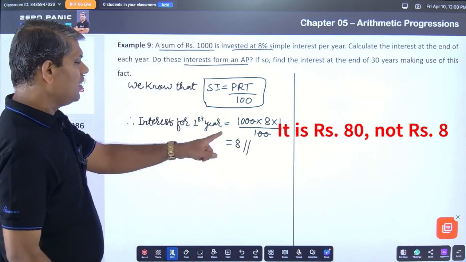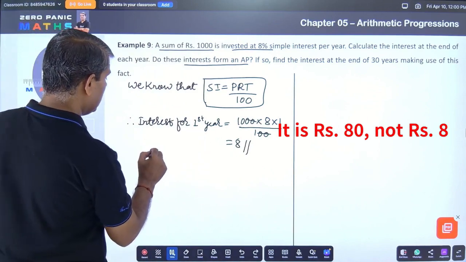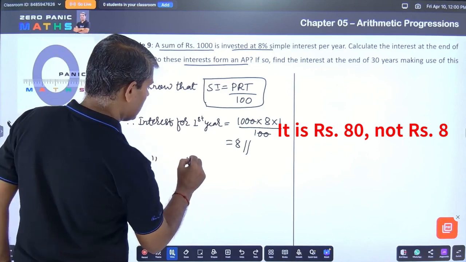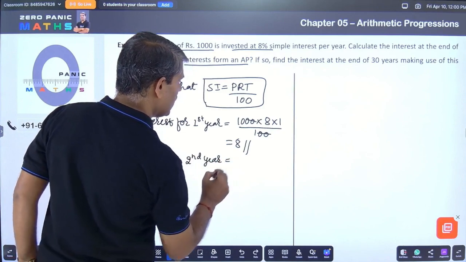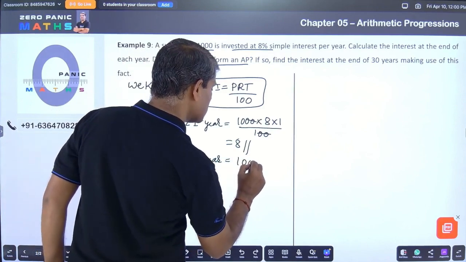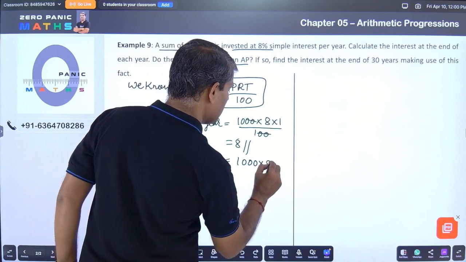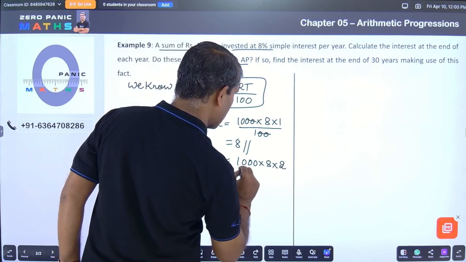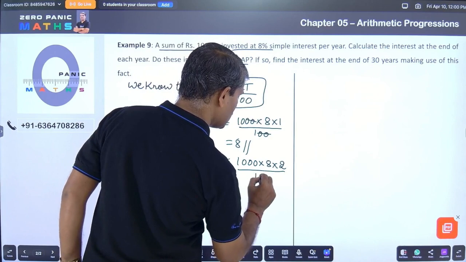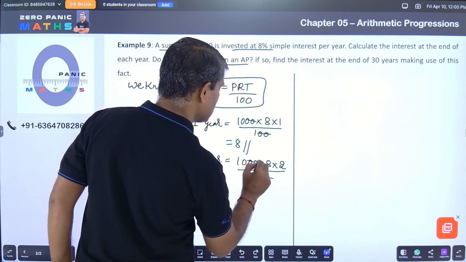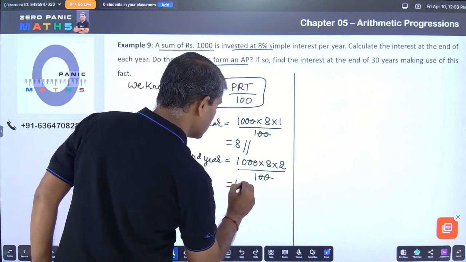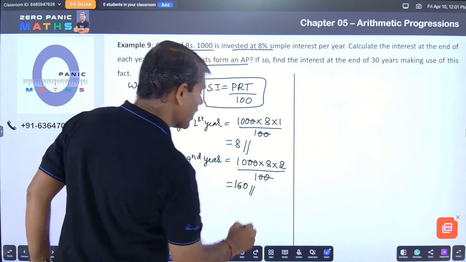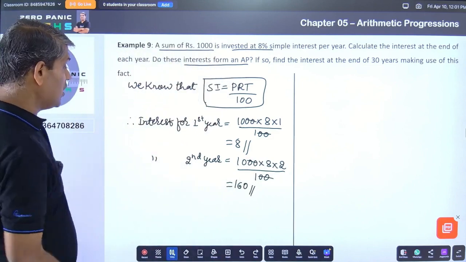Rupees 8 for first year. Similarly, interest for second year. The principal amount remains the same, rate of interest remains the same, but the time value will change to 2. Cancel the two zeros. 8 twos are 16, tens are, it is 160. See, at the end of second year, it is 160.